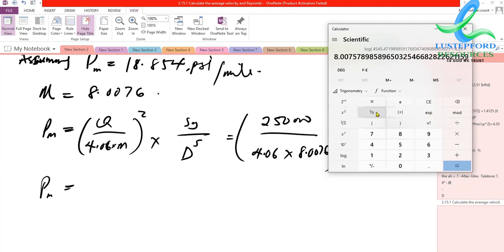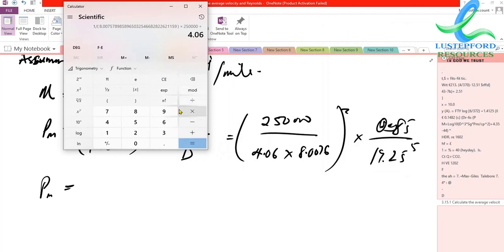We'll take the inverse of this, multiply with 25,000, divide by 4.06, then square, times 0.85 divided by 19.25 raised to power 5. We have 19.